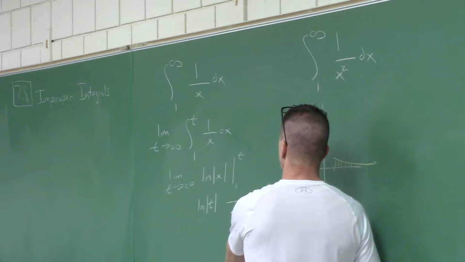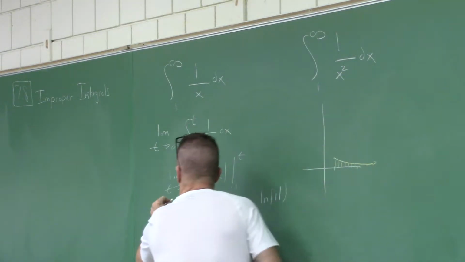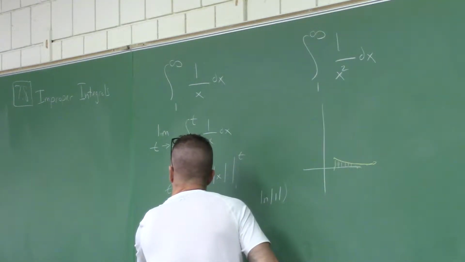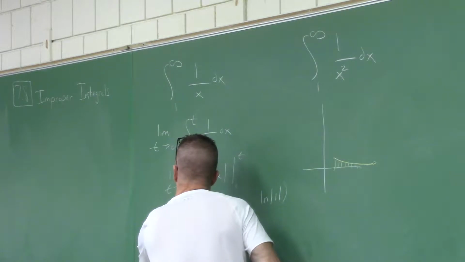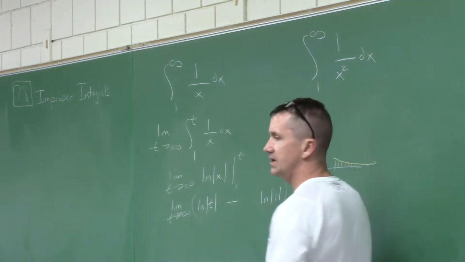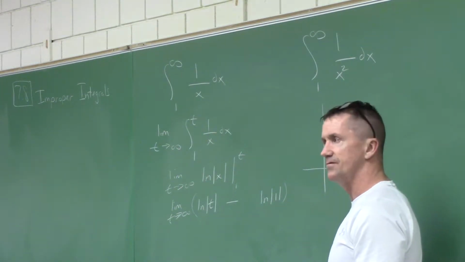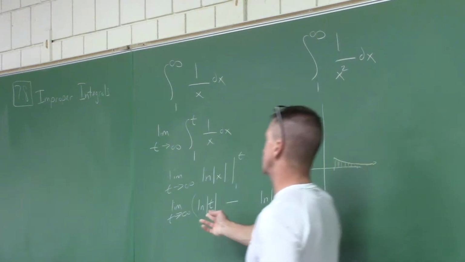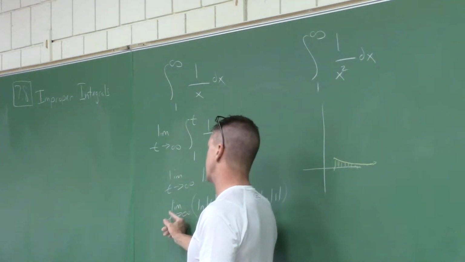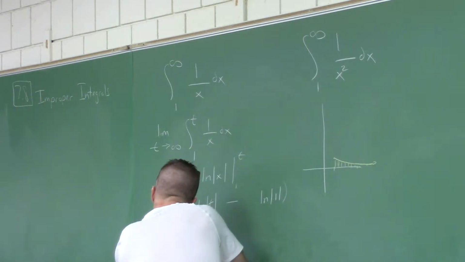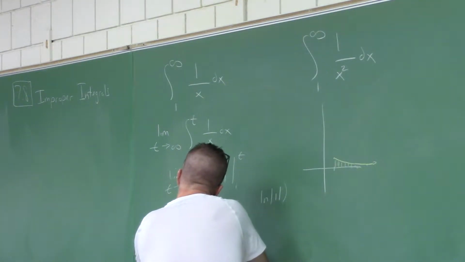Still in front of both of these, I have this limit as t goes to infinity. You can write lim as t approaches infinity. This is a limit: the limit as t approaches infinity of the natural log of t.